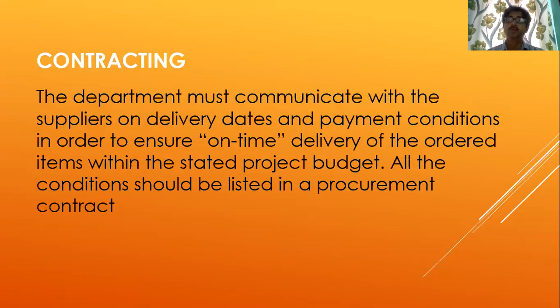Once the selection process is done, you have to do the contracting. You have to have a contract with the vendors where all clauses, including the legal aspects, also have to be written properly, and the contracts have to be signed by the representative of your team as well as a person from the vendor team.